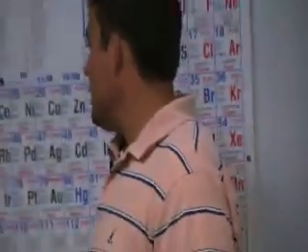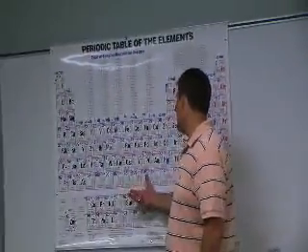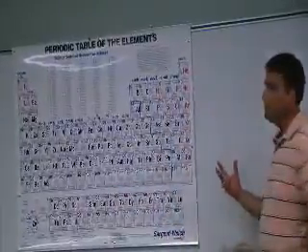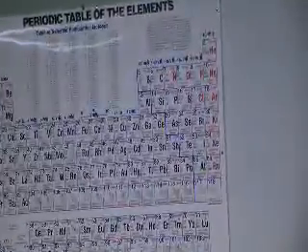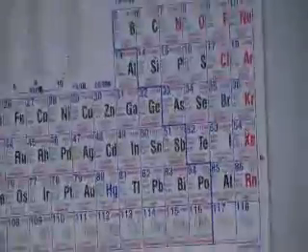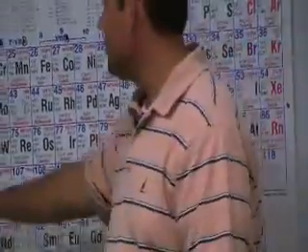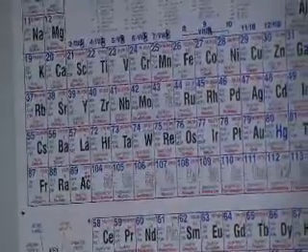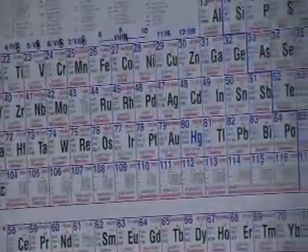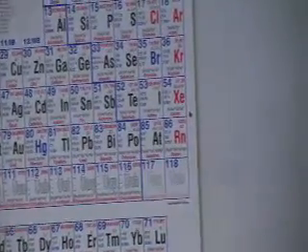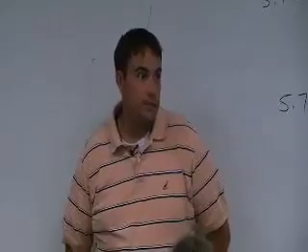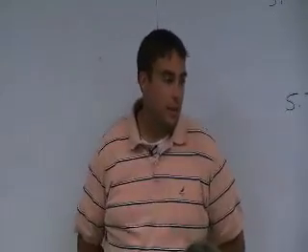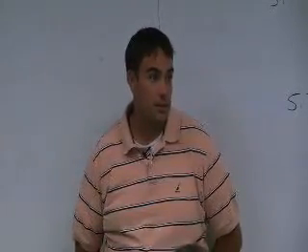The elements to the right of 111, well, first off, the elements from 104 on are synthetically made. That means the only way you're going to find those that we know of is coming off of nuclear reactors, particle accelerators, colliders, and these types of things.